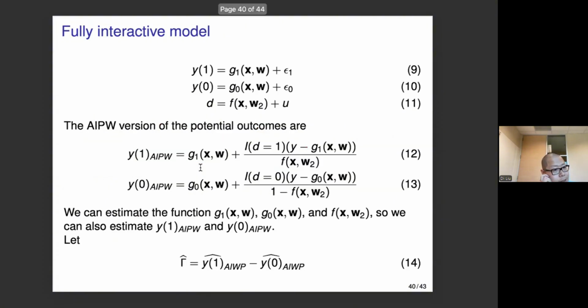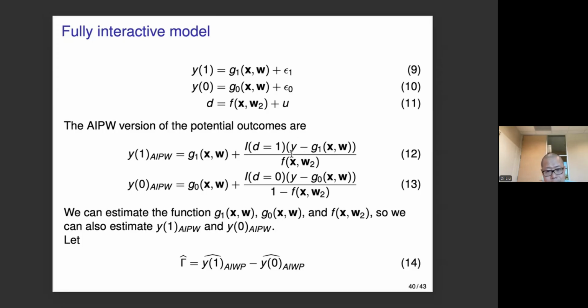Here is an example of a fully interactive model. This model is the underlying model for the AIPW estimator. For Y1, we have potential outcomes with function g1. Y0 has potential outcome function g0. And D is the treatment assignment model. The AIPW version of potential outcome 1 is the g1 function plus some error correction terms.